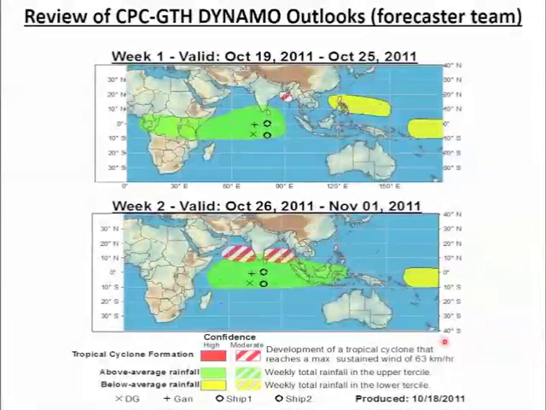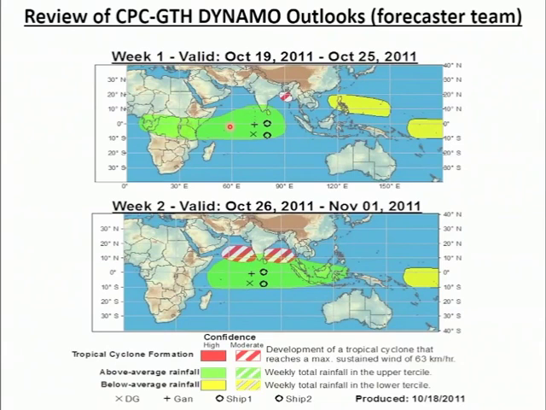So this is a review of the CPC GTH DYNAMO Outlook produced by a forecaster team every Wednesday at 8:30 local time, East Coast. And this is the October case.